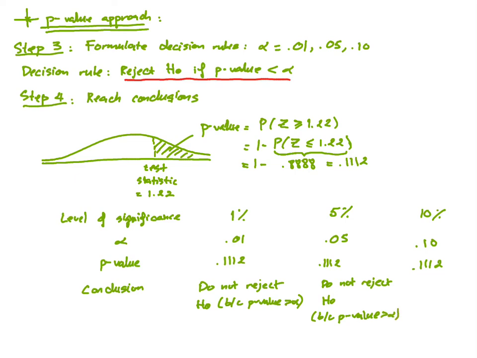And then at 10%, we also do not reject the null, because the p-value again is greater than alpha. So that's how we do the test using the p-value approach. Let's go ahead and look at how we do this test using the critical value approach.